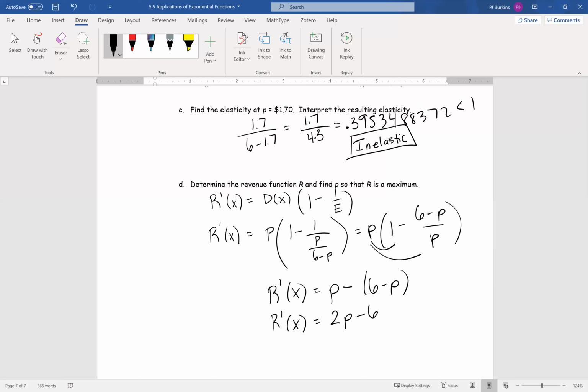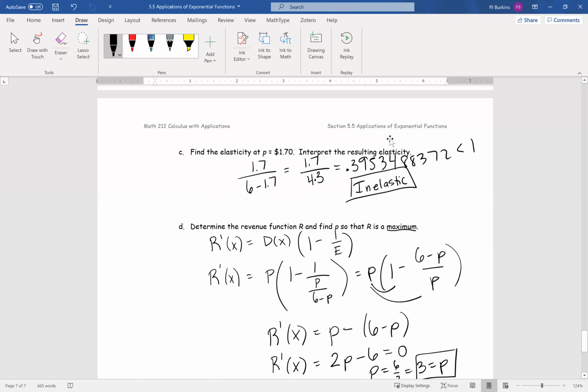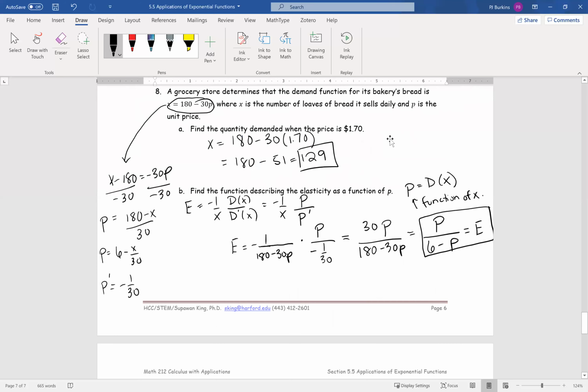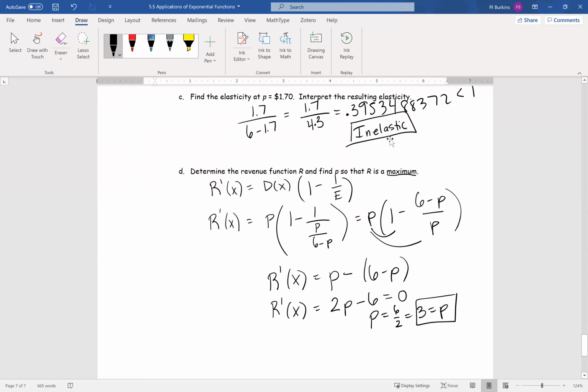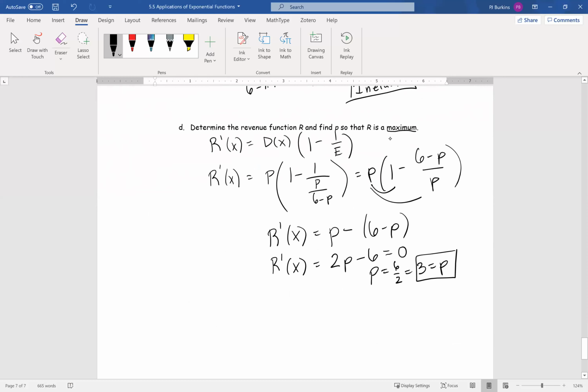Now it says we want R to be a maximum, which means we need R prime to be 0. So solve this for p. That's pretty easily 3. Is there anything else? It says determine the revenue function R and find p.